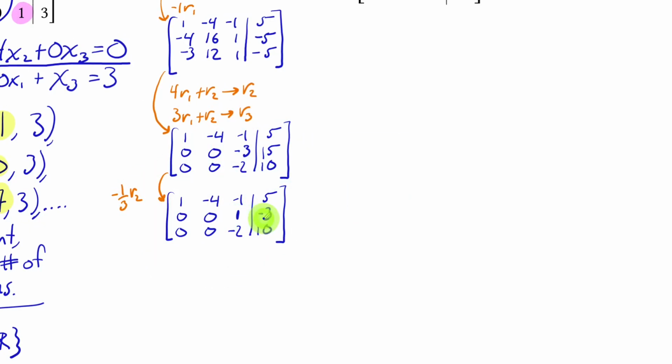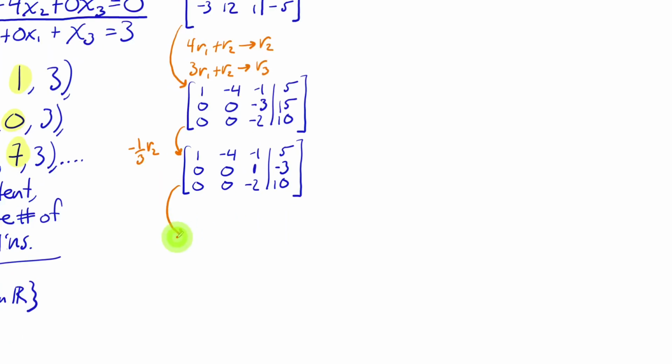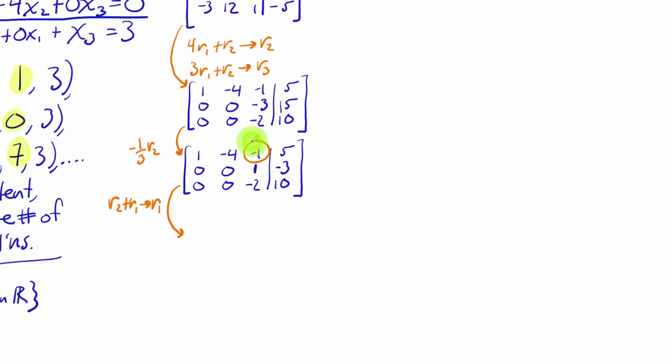Like so. And at this point, we can add multiples of this row without messing up the x1 and x2 terms in the other rows in order to clear away all the other x3 terms in the first two rows. And that's going to be using row replacement operations. Row 2 plus row 1 to replace row 1, and also 2 times row 2 plus row 3 to replace row 3.